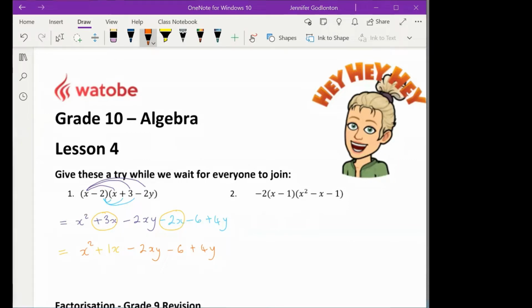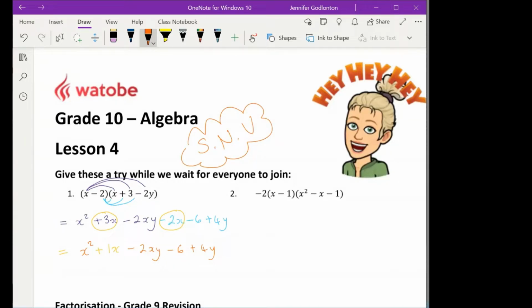Beautiful. Oh, you put 2yx? That's fine. If you wrote yx and not xy, it's the same thing. Okay. Just always remember signs, numbers, variables. Those are our friends in algebra.